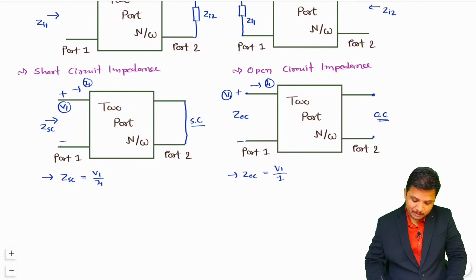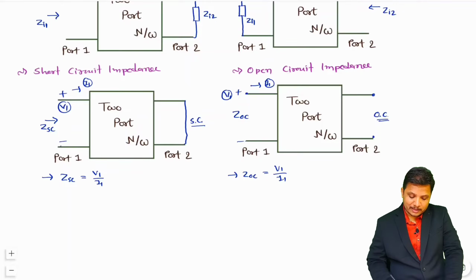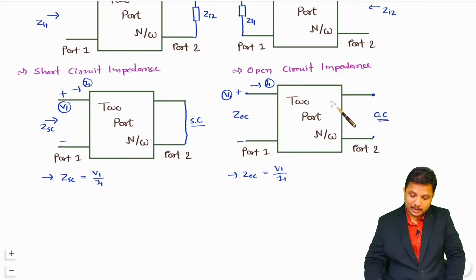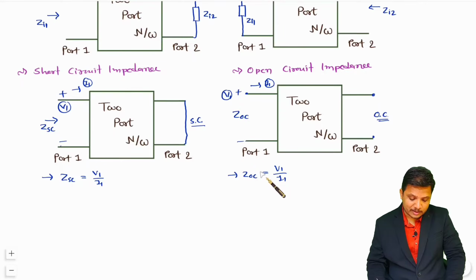Now remember, both V1 by I1 are different; here I am just showing you how we are measuring it. It is not that ZSC and ZOC are both the same V1 by I1. You need to measure with short circuit for short circuit impedance and open circuit for open circuit impedance. That is what you need to understand.